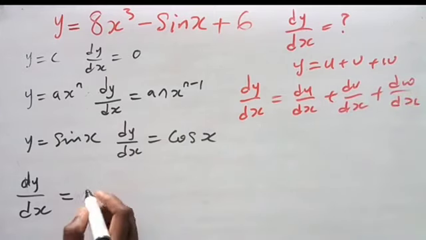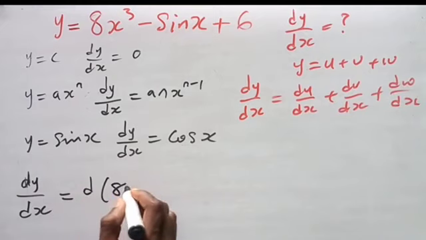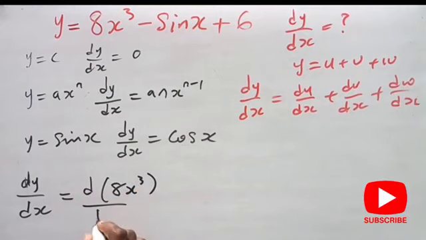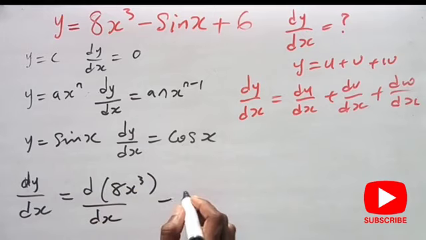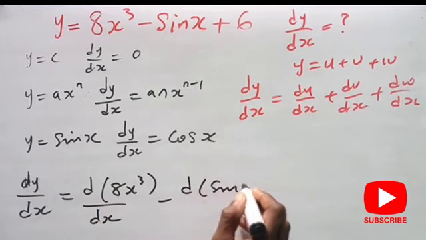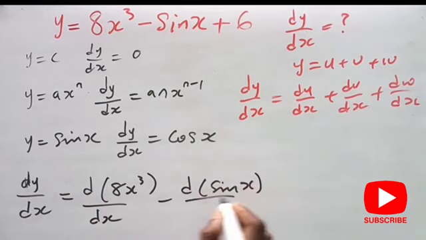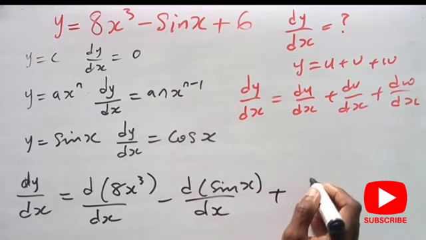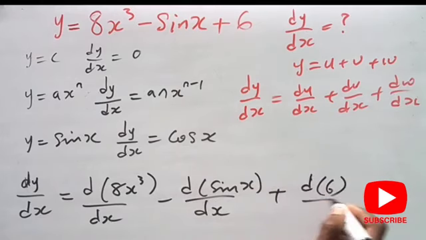This now becomes d(8x raised to power 3)/dx minus d(sine x)/dx plus d(6)/dx.